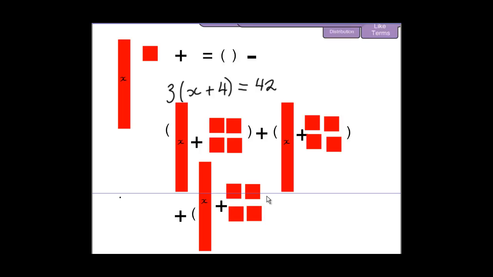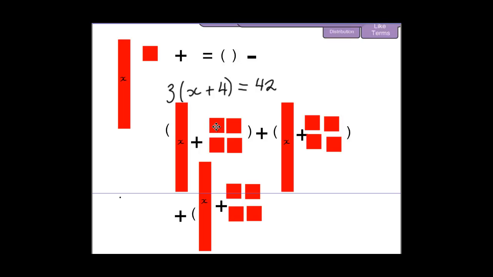So if I think about it, I've got one group here, one group here, and one group here to make 3 groups of x plus 4.